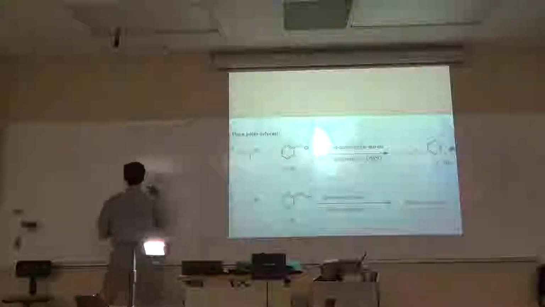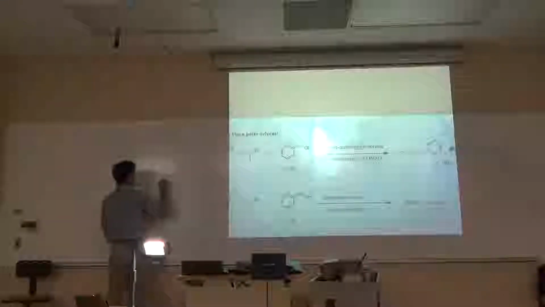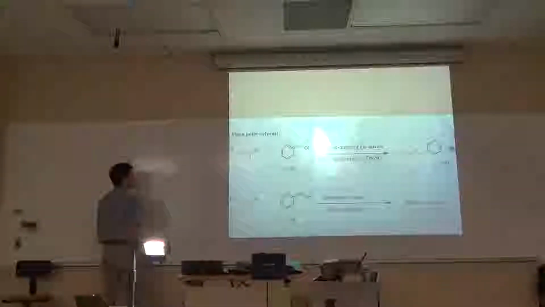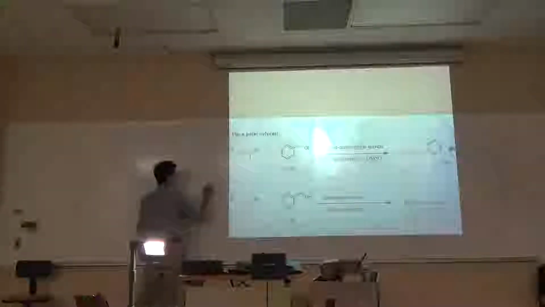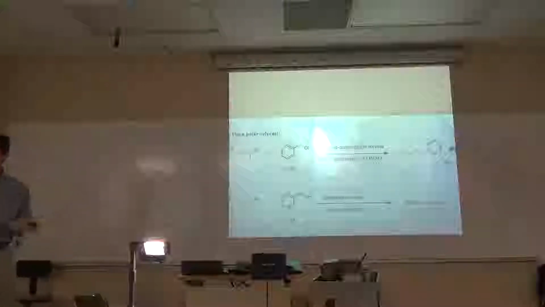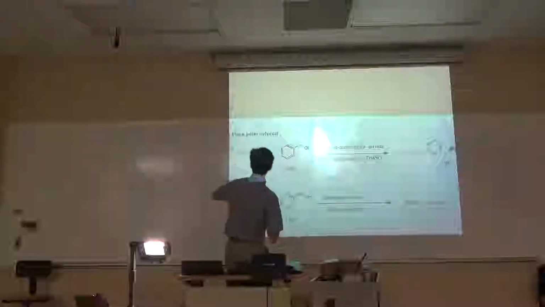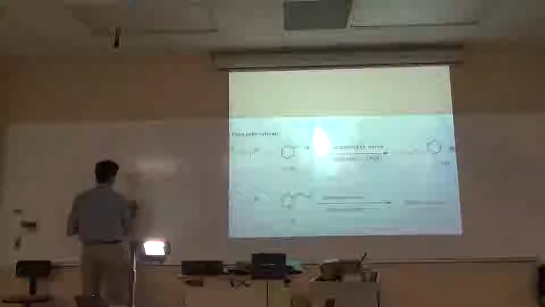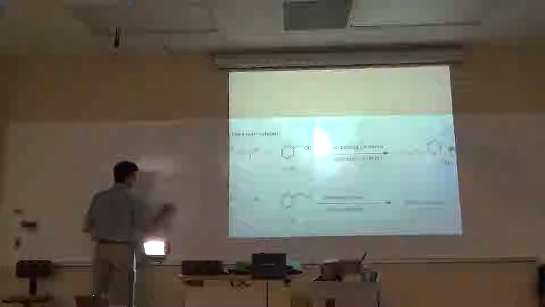Same thing with HBr. What happens if you put HBr in water? It becomes H plus and Br minus. It ionizes. Of course, the H plus sits with water. What if you put HBr in hexane? What happens?